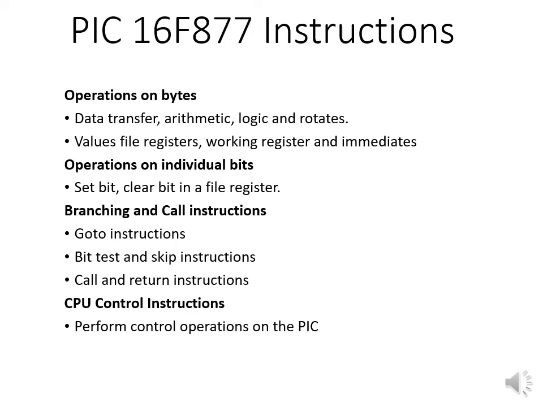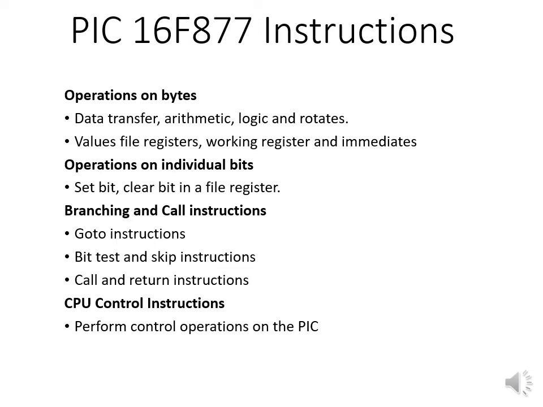For instructions that operate on one operand, the operand is held either in the working register or in a file register. For instructions that operate on two operands, one of the operands is held in the working register and the other operand can be held either in a file register or can be an immediate value.